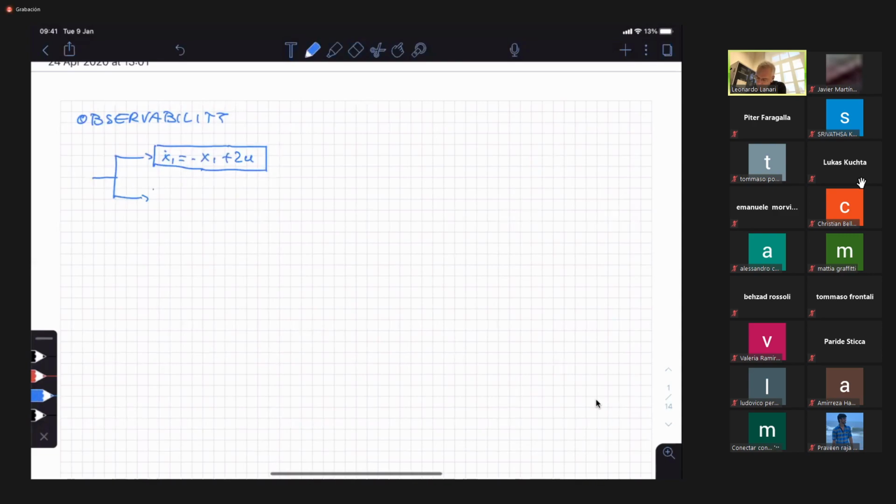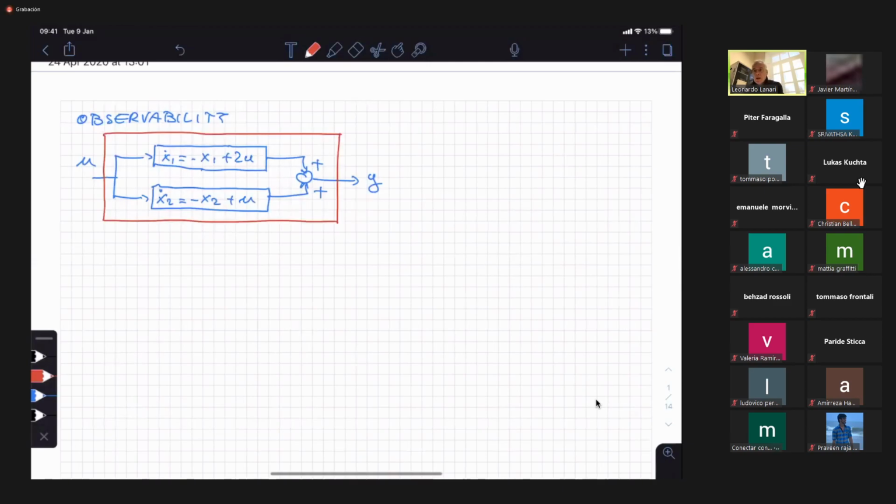And the second system, x2 dot equal minus x2 plus u, and the two systems would add up at the output, giving y. So this is an interconnected system for which we know that there is a loss of observability and controllability. This is what we studied when we introduced the natural modes, controllable and observable.